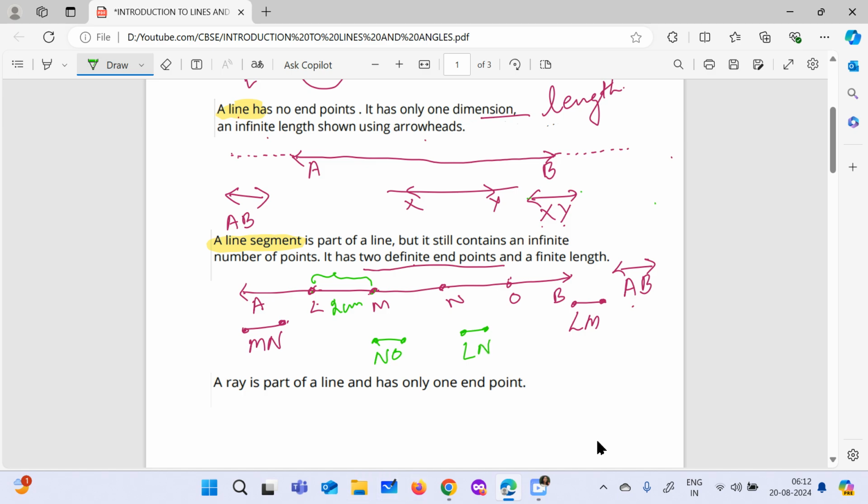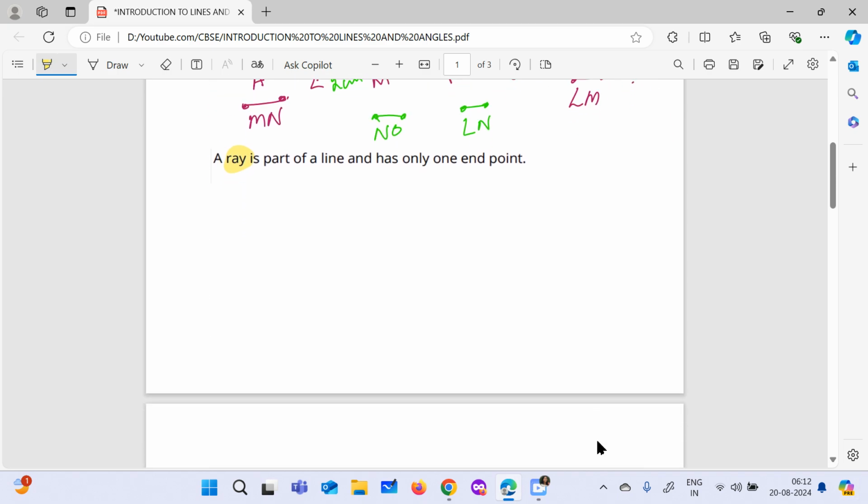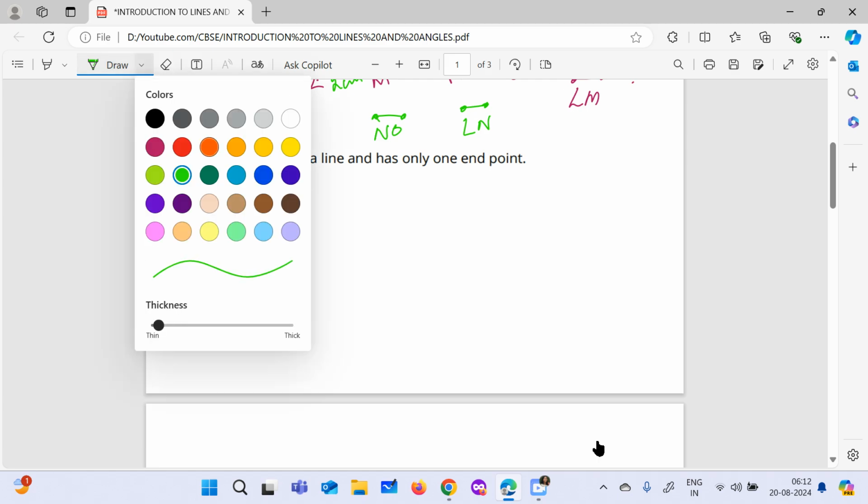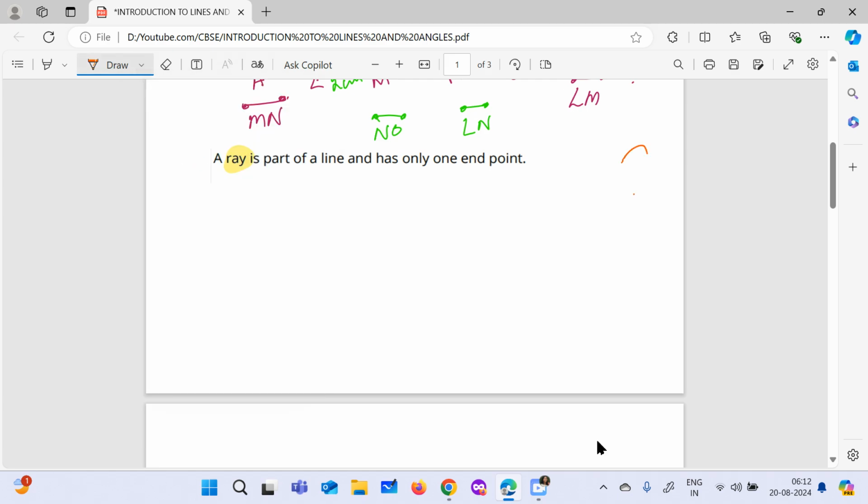Now, the next term is ray. What is a ray? You might have heard the word sun rays, right? When we speak about sun rays, see, this is the sun, and these are the rays coming out of the sun. What you can observe here is that it starts from one point on the sun and goes indefinitely in one direction.